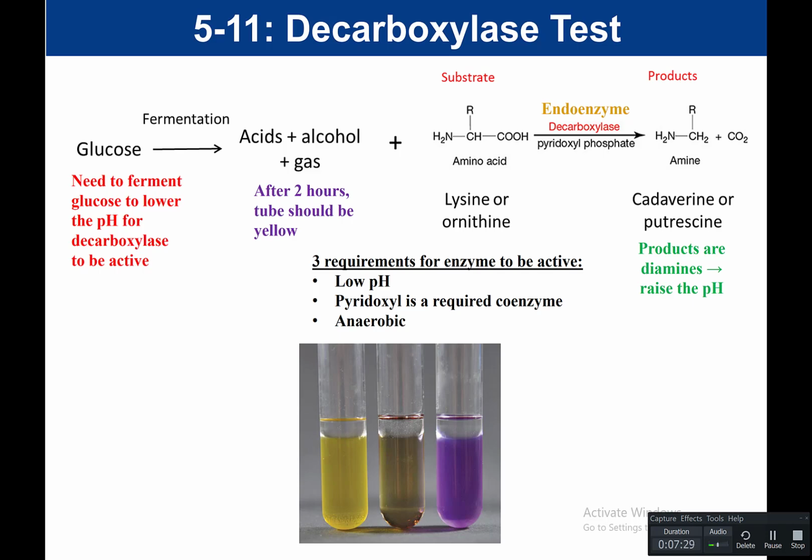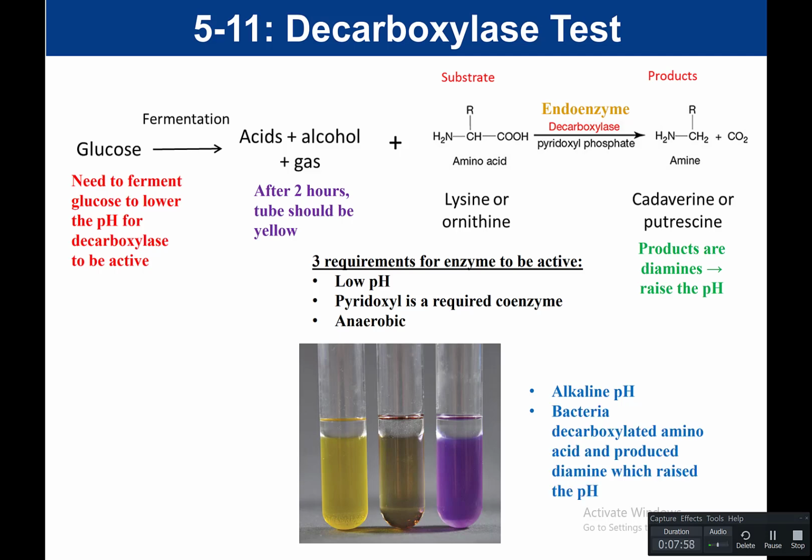So which color is going to be our positive in this test? Is it going to be the purple or the yellow? Well, let's start with the purple. What is the pH like in the tube that is purple? What that tells us is that the pH is alkaline. Remember bromocresol purple? Purple is alkaline. So the purple tube has the alkaline pH.